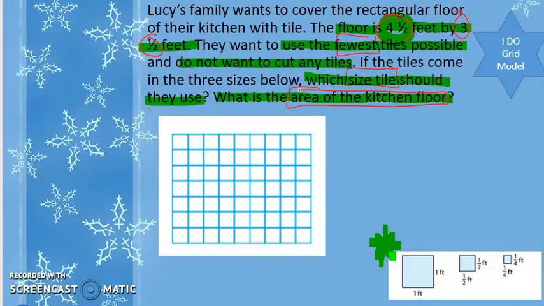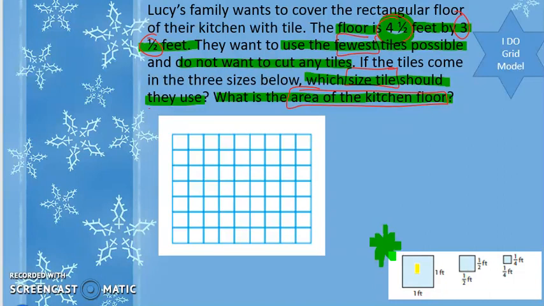So the first thing we're going to think to ourselves is we are working in fractions of halves. If we used the 1 foot by 1 foot tile, it would not cover the whole floor, or if it did, it would extend past the floor area that we're trying to find.